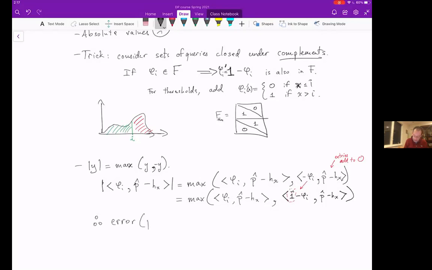What it allows us to say is that if F is closed under complement, then the error of the family p hat is simply the maximum over I of the inner product of phi I and p hat minus h sub x.